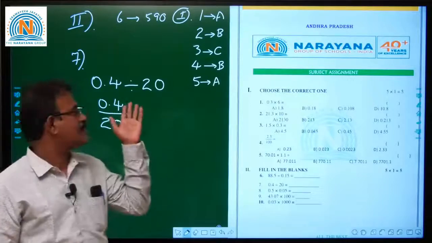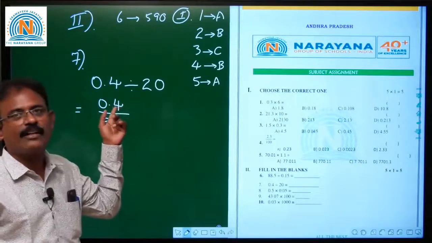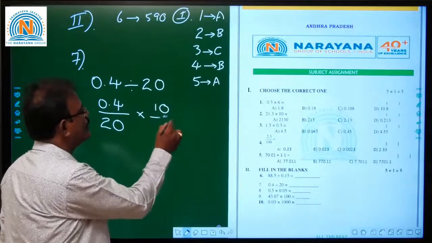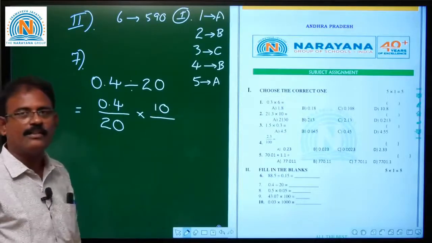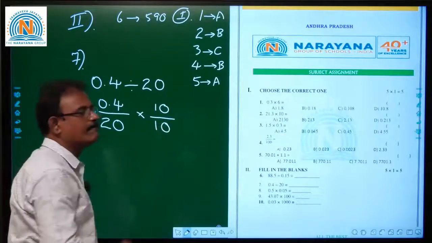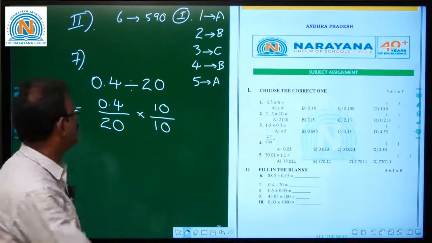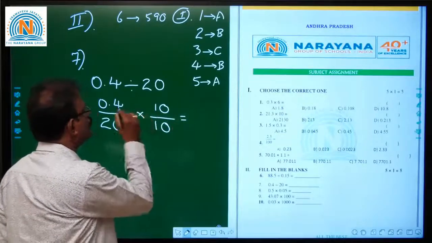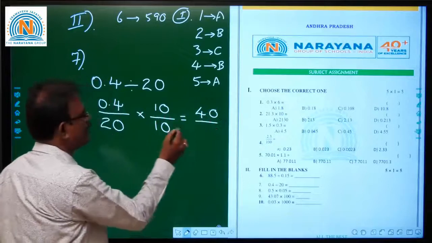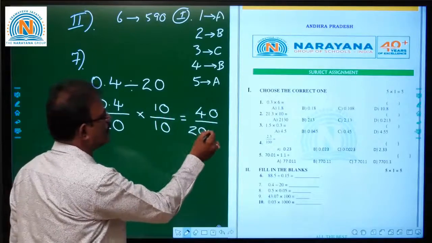Now as we have 1 digit after the decimal point in the numerator, let us multiply with 10 to cancel the decimal point, and without changing the initial value, take the same number in the denominator also. Then this is 4 tens are 40 by 20 into 10, 200.